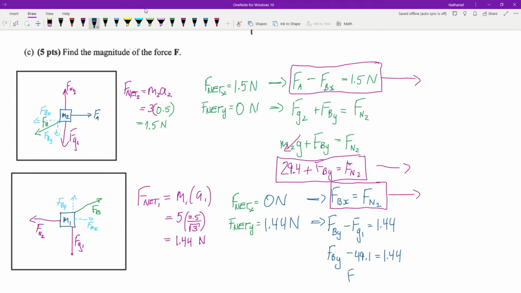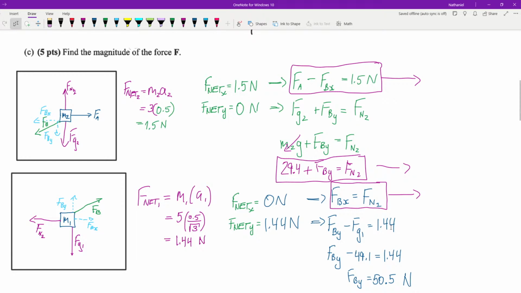We now can solve for FBY, right? So what is this? Plus 1.44? So we get 50.5, right? Newtons. And now we have FBY.